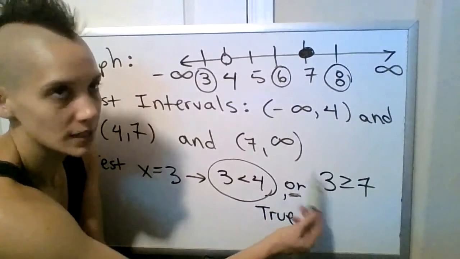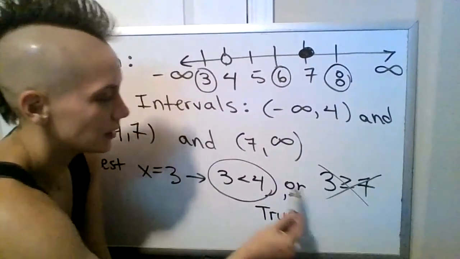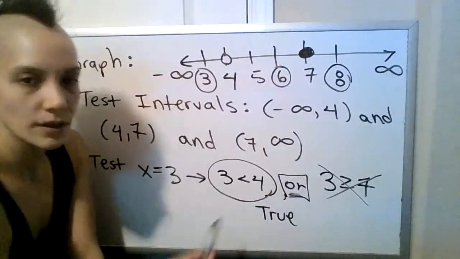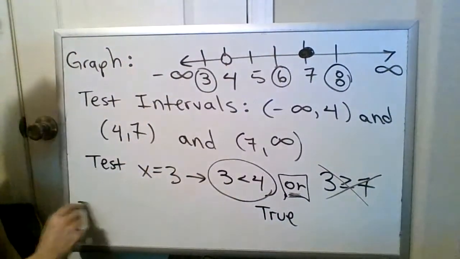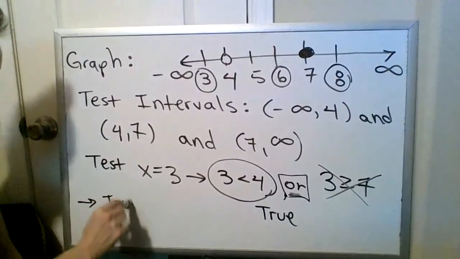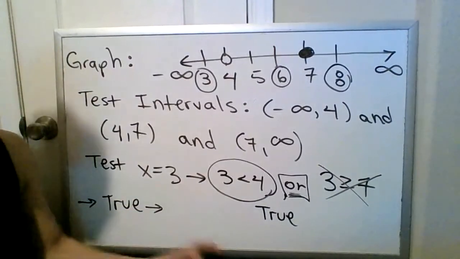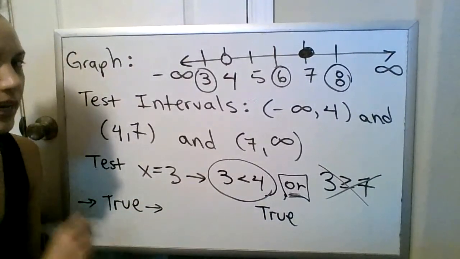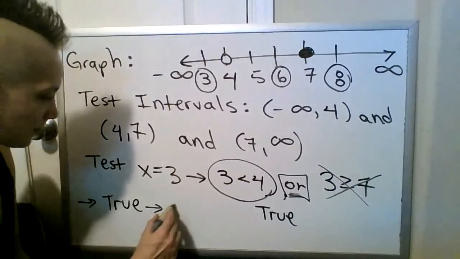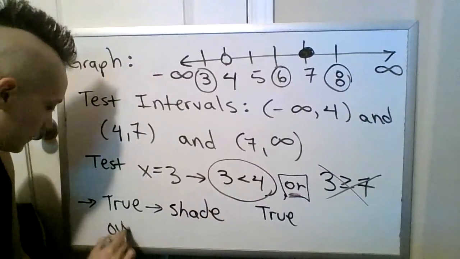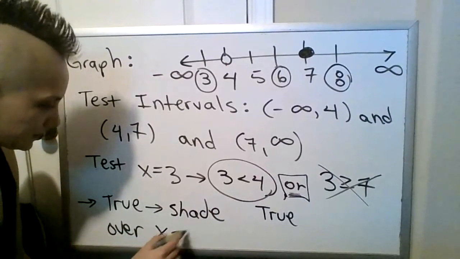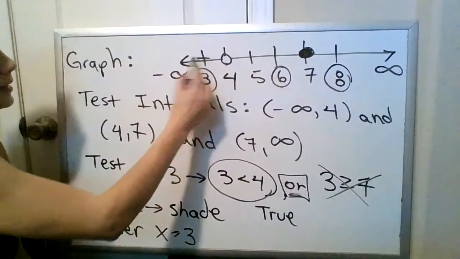And even though 3 is not greater than or equal to 7, with or, again, you just need one of the parts to be true. So shade over x equals 3.